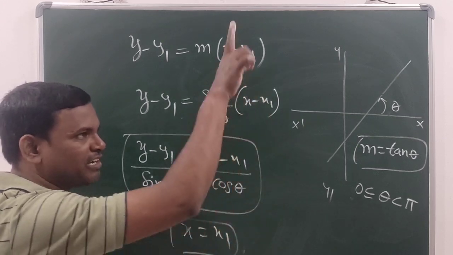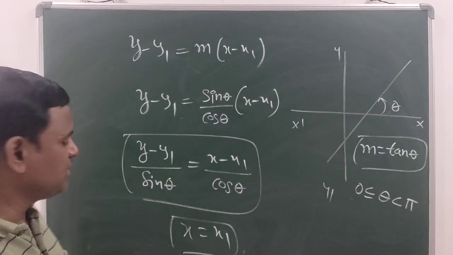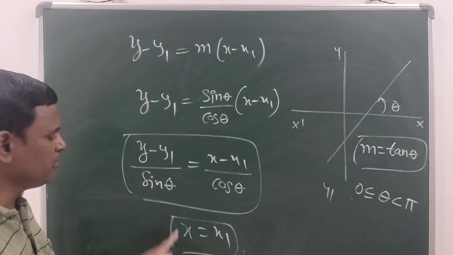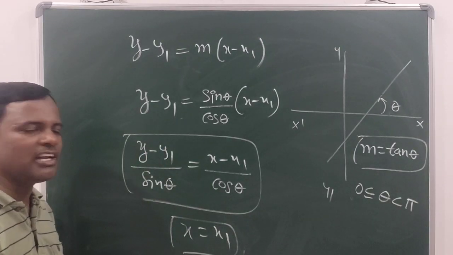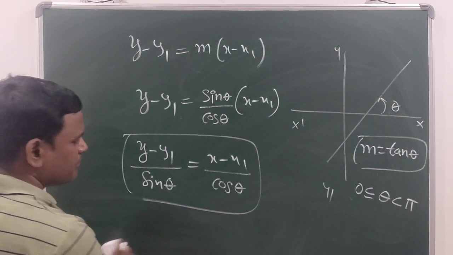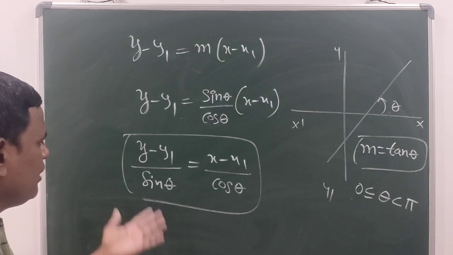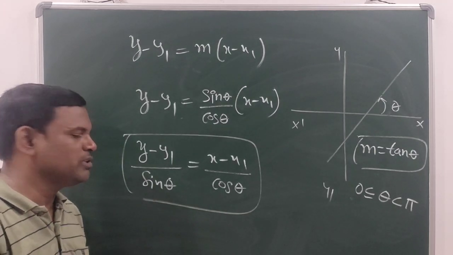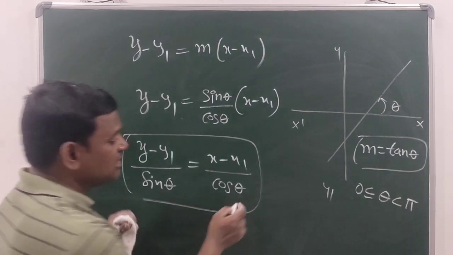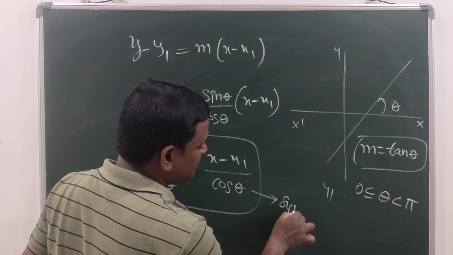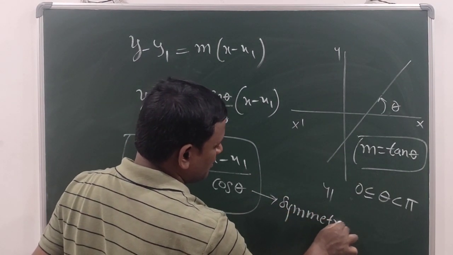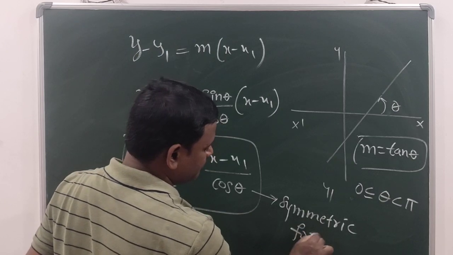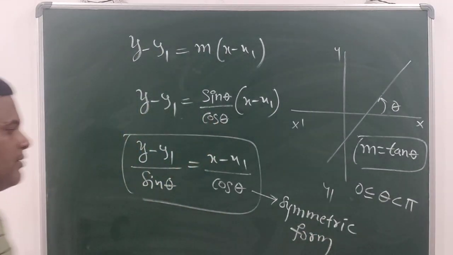This represents a vertical line equation, x equal to x1. I explained to you the horizontal line equation and vertical line equation also. I hope you have understood this. So this is known as the symmetric form of a straight line.